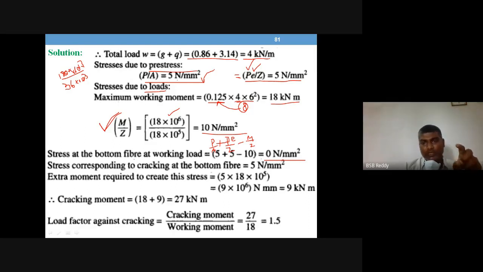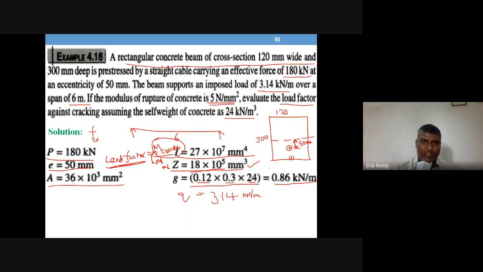So 5 plus 5 minus 10 is 0, right? But the stress corresponding to cracking at the bottom, when you want to see cracks at the bottom, what should be the value? 5 Newton per mm square.